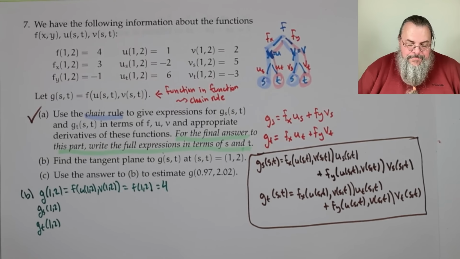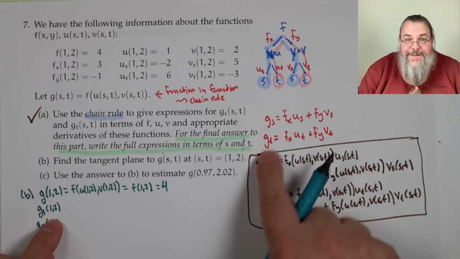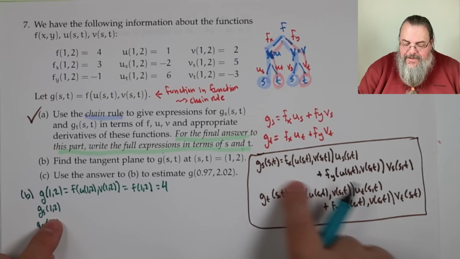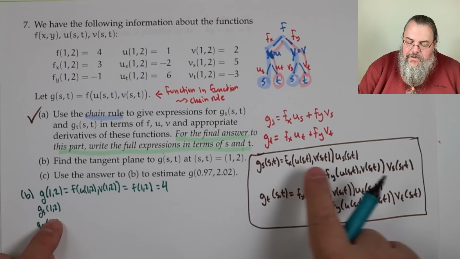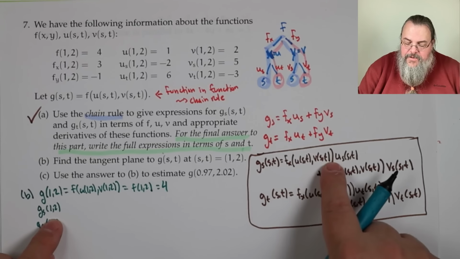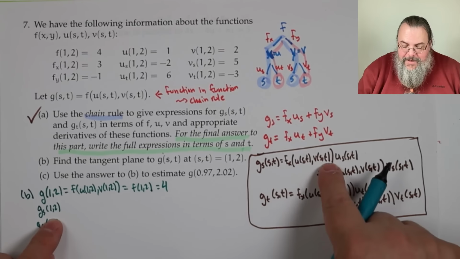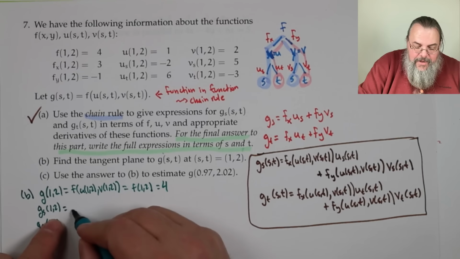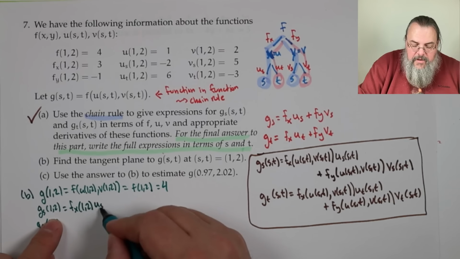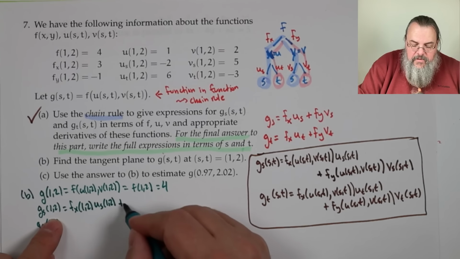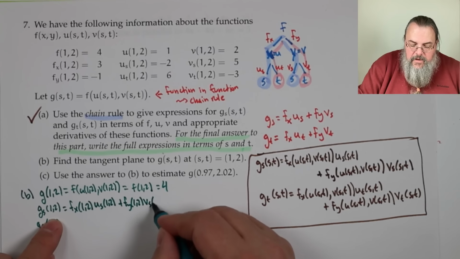All right, g sub s. It's all stored right here. That's why they had it spelled out in excruciating detail. Now we're going to take advantage of what we did here. U of 1 comma 2 and v of 1 comma 2 is 1 and 2 respectively. So this is equal to f sub x at 1, 2, u sub s at 1, 2, plus f sub y at 1, 2, v sub s at 1, 2.